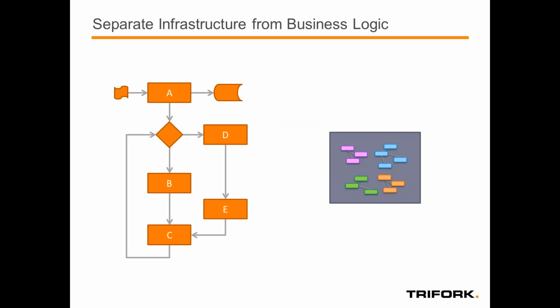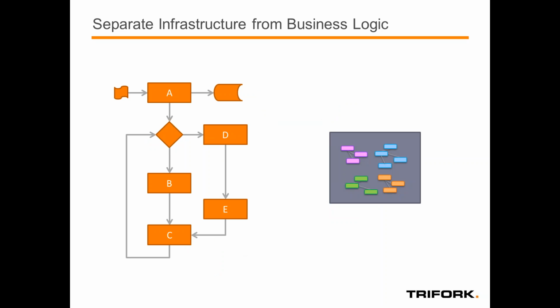So location transparency, as I said, is a very important concept in Axon. And basically the way Axon does that is by separating infrastructure from the business logic and providing APIs to that infrastructure that are location transparent. So on the left-hand side, you'll see a little process diagram which represents the business logic that you have, and on the right side you'll see how that application is being deployed.